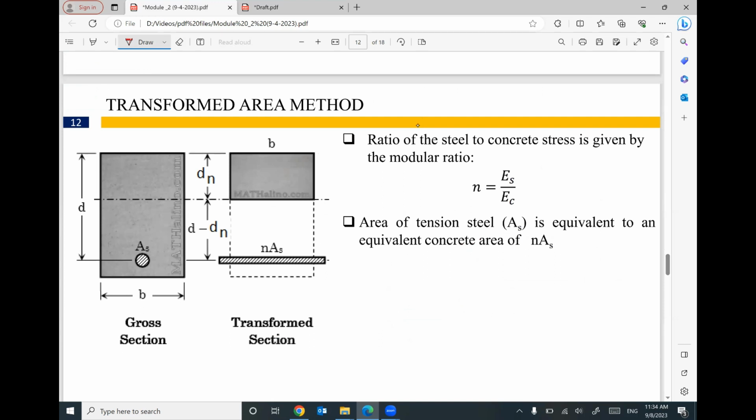Here is the original cross section. Here is the bending moment. Here is the tension. This moment is greater than M crack, so this tension will cause cracks. The part of concrete under tension, below the neutral axis, will crack.